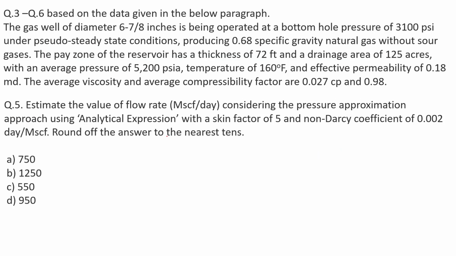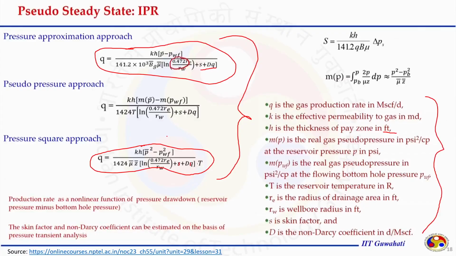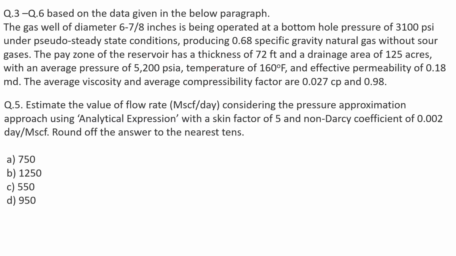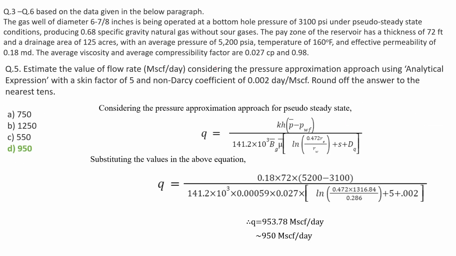So here they ask to find the pressure approximation approach. So that is this first one. As we already did almost till here in the last question, now we have to add the S and Dq values. And putting those values, we can find the value of Q, which will come out as 950 MSCF per day. So option D is the answer.